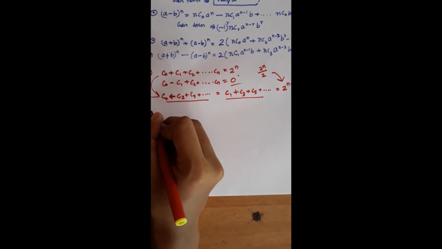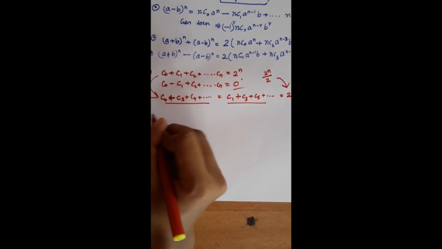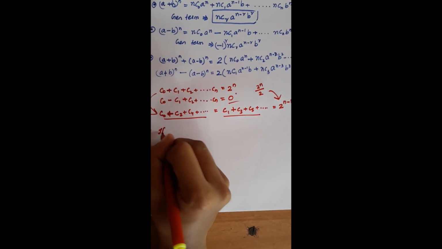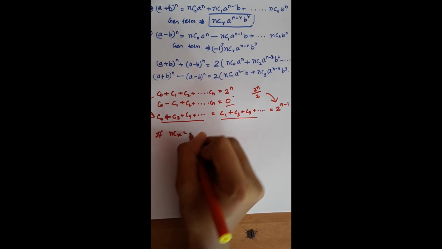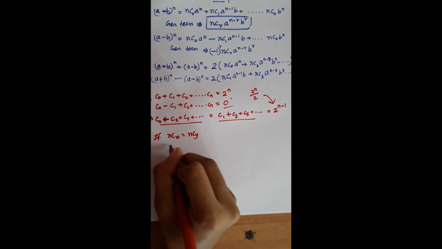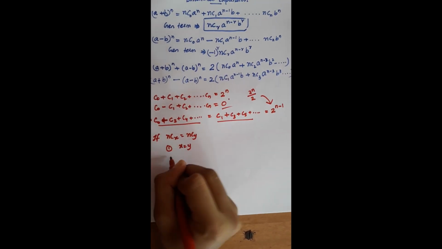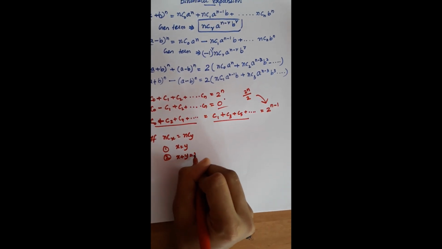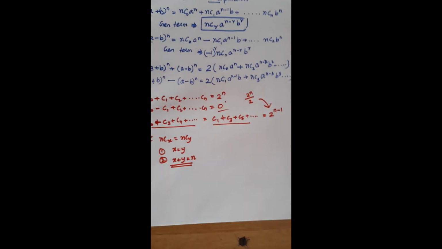Now the next one we have is, if nCx is equal to nCy, then either x is equal to y or x + y is equal to n.